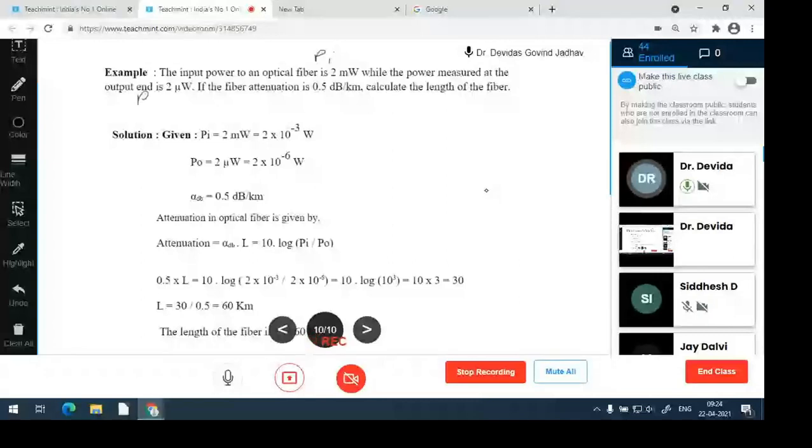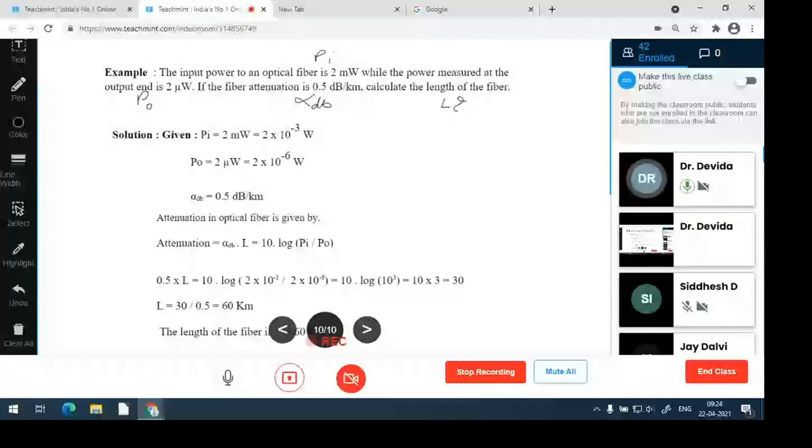So this is Po. If the fiber attenuation is 0.5 dB per kilometer, so this is alpha dB, calculate the length of the fiber. So L is how much? Same problem, same formula. Just we have to calculate some different parameter, isn't it?